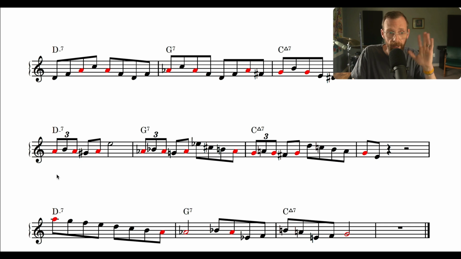All right, so let's talk about this one. Again, we don't have that overt motion from bar 1 to bar 2, but we do have it from bar 2 going into bar 3. And you could see still I'm using a ton of the A's, then a lot of the A flats, and then a lot of the Gs. In fact, I'm using 3 As, 4 A flats, and then 4 Gs, right?